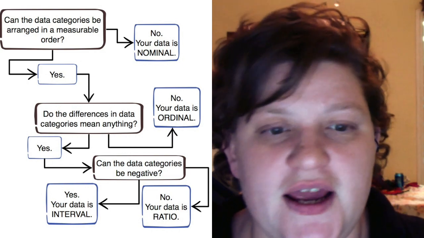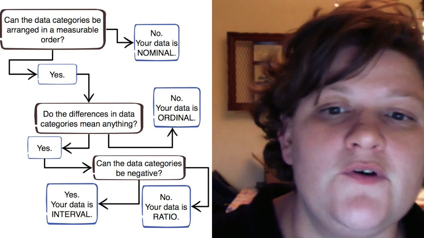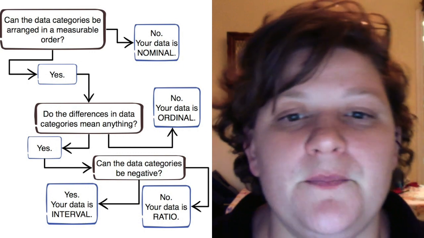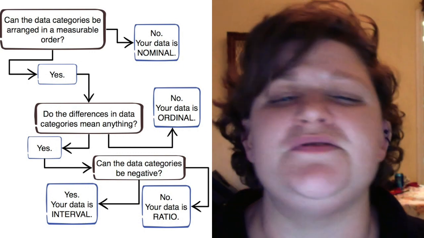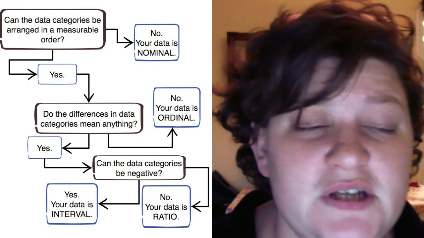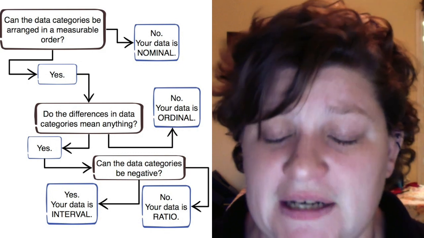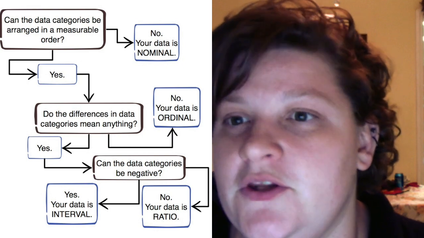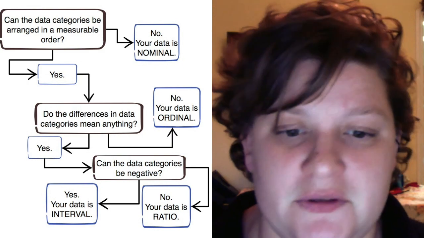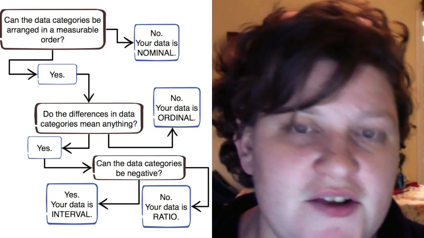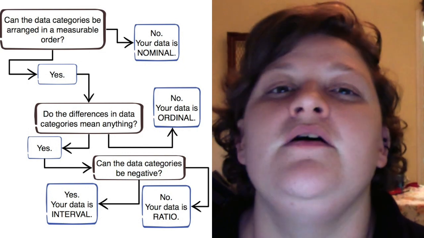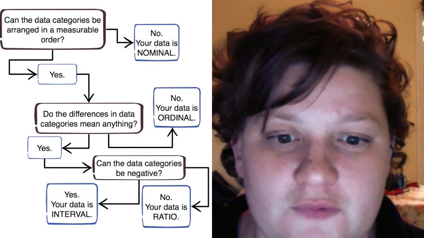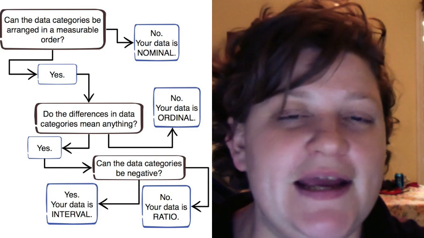The questions you've got to ask yourself right there, you can go through the full list. Can the data be put into a measurable order? Absolutely. Do the differences between the categories mean anything? Is there a measurable difference between 42 inches and 43 inches? Absolutely. The big question you've got is, can you be negative inches tall? Can you be negative 5 inches tall?